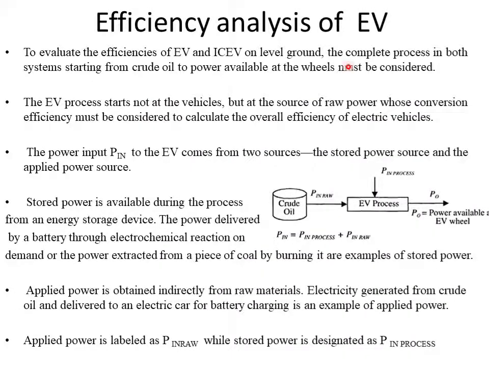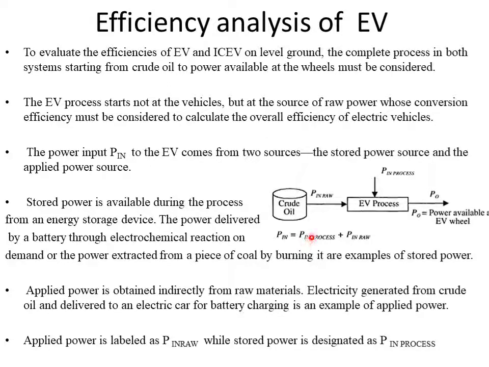Taking first the efficiency analysis of the electric vehicle, the power input to the EV can be considered from two sources, that is, the stored power sources as well as the applied power sources. Stored power means the power which is available during the process from a storage device like a battery, or the power which is extracted from a piece of coal by burning.